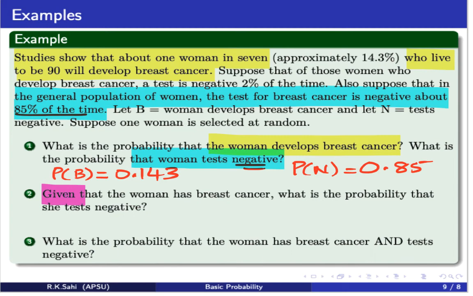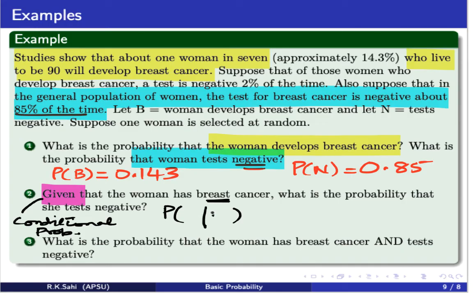Let's keep that in mind. So these are some indicators. Oh, I have conditional probability. Now, given that the woman has breast cancer, that means B. So when you write down conditional probability, we have to write something which is after the vertical line.